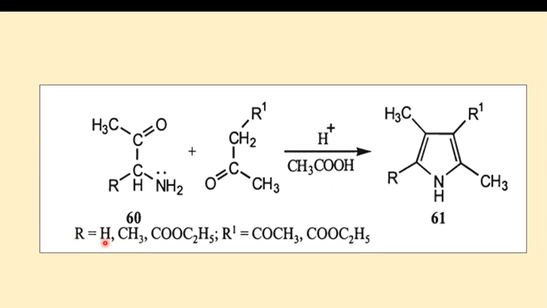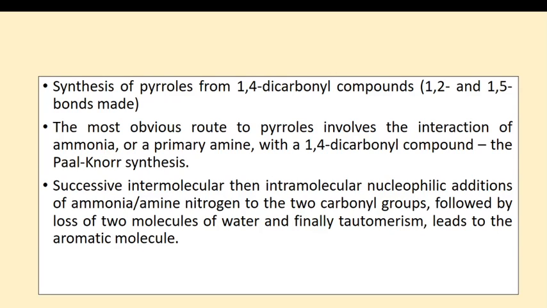It can be H, can be CH3 or COC2H5, and the R' group can be COCH3 or COC2H5. Synthesis of pyrroles from 1,4-dicarbonyl compounds: there are 1,2 and 1,5 bonds made. From this reaction, these two new bonds are different.